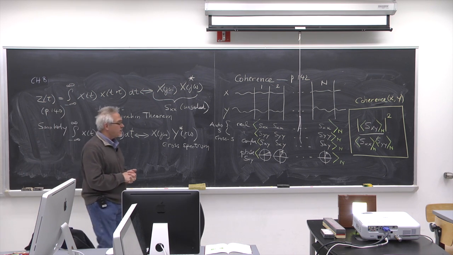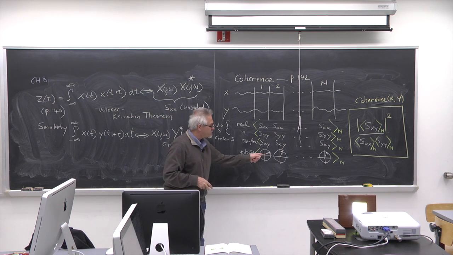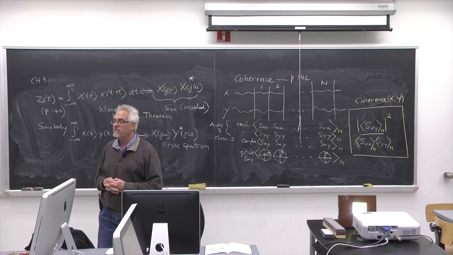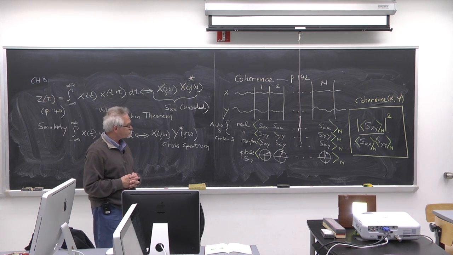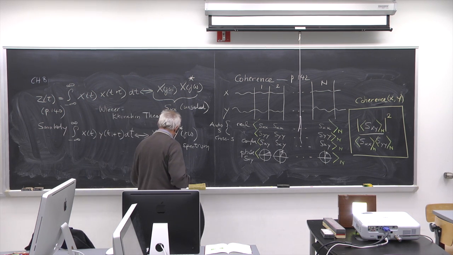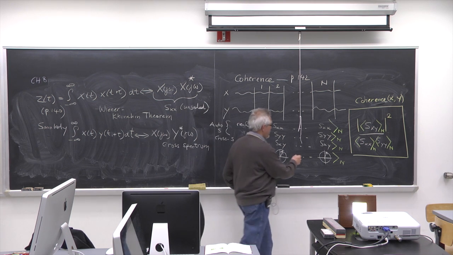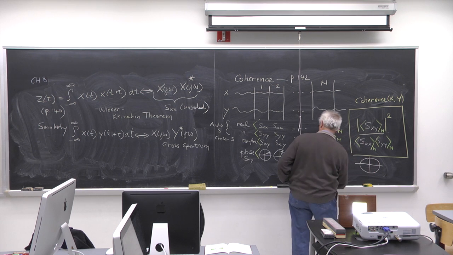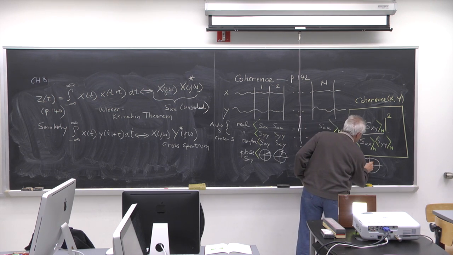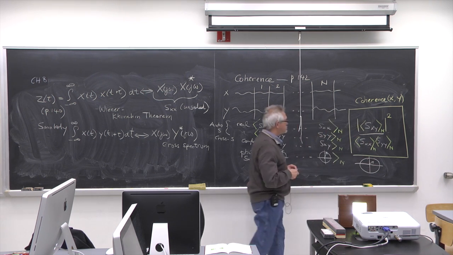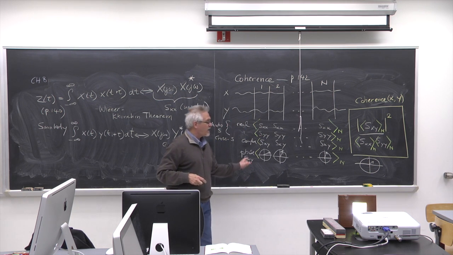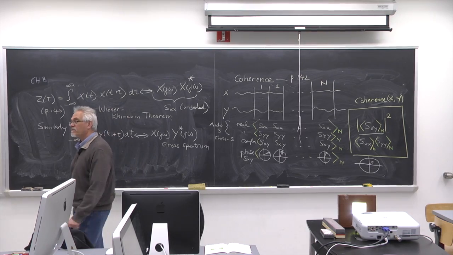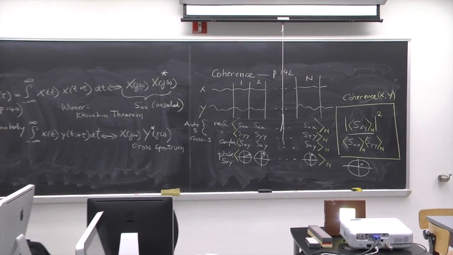And so that means that I basically show you the average of all the phases on the unit circle. So in this case, the end result would be something like this, isn't it? If I would add up all these vectors, I would get something that looks like this.